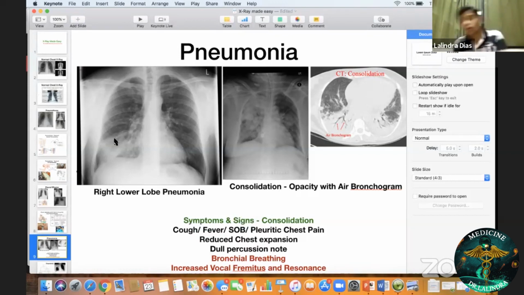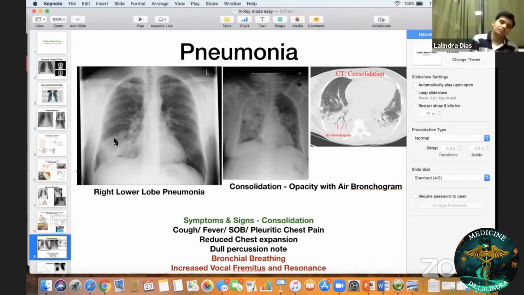So now you know community acquired pneumonia versus hospital acquired pneumonia. In the whole world, what is the commonest cause of community acquired pneumonia? Streptococcus pneumoniae. Then the next common organisms are Mycoplasma, viruses, Legionella, Chlamydia, aspiration pneumonia, and chemical pneumonitis.